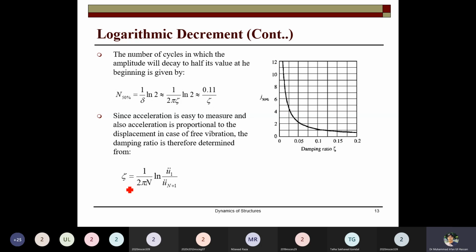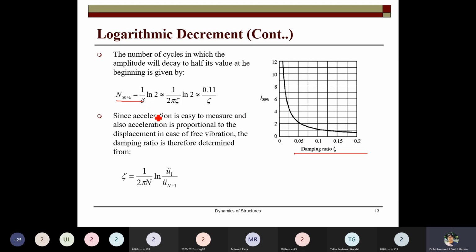Normally it is seen that the number of cycles in which the amplitude will decay to half of its value at the beginning is given by n 50%. Generally you can determine that the amplitude will reduce to half of that value. You can determine that with the zeta value, 0.11 over zeta, you can determine n 50%.